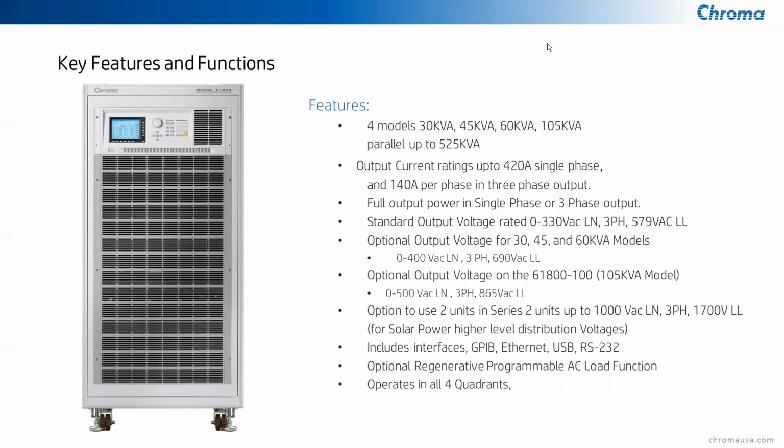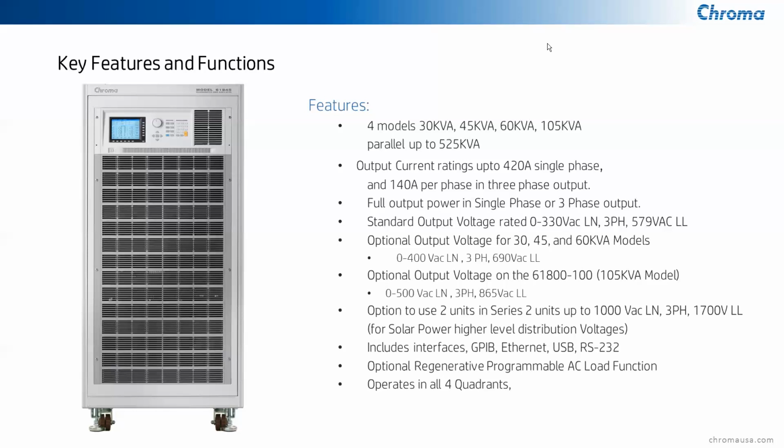Again, 3-phase, single-phase operation, easily configured. From the front, there's a button to press. It asks you if you want to operate as single-phase or 3-phase output, and selecting that, it will direct everything in single-phase to the second phase on the terminal block, and you can use that as your single-phase output, or it'll give you 3-phase output for all 3 phases in both Y and Delta configurations.